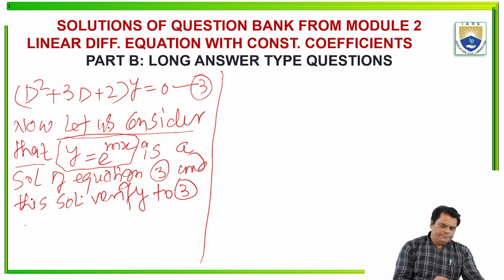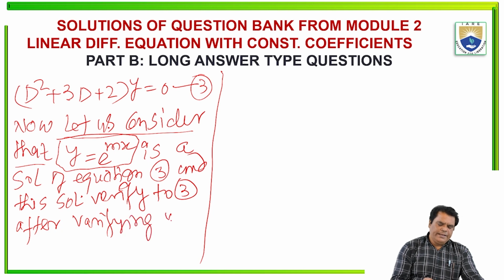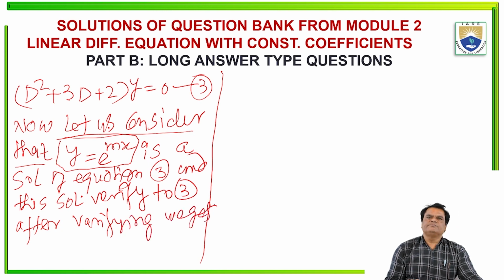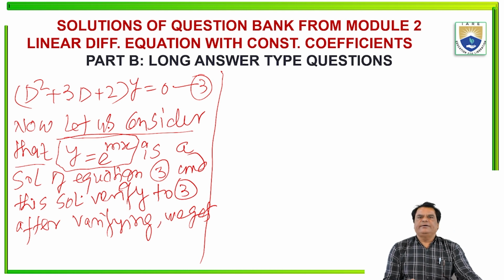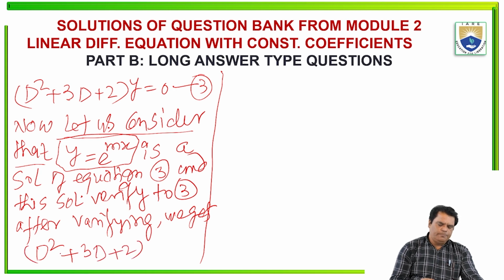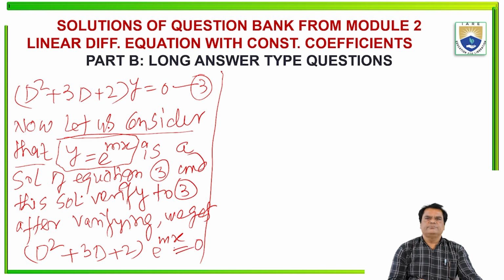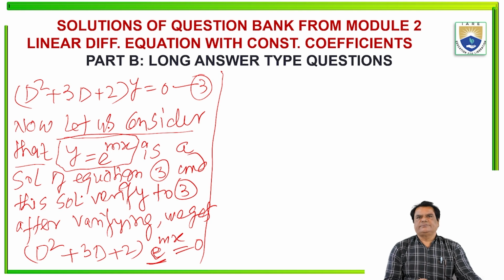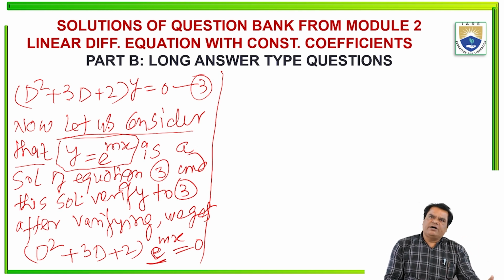After verifying, we get (D square plus 3D plus 2) e to the power mx equal to 0. Putting y equal to e to the power mx, because y is the dependent variable and y is some function of x.